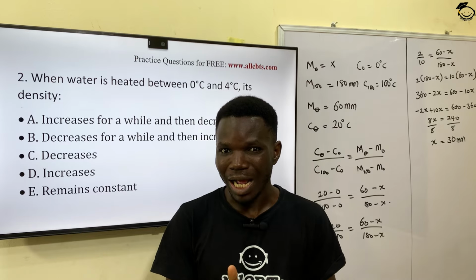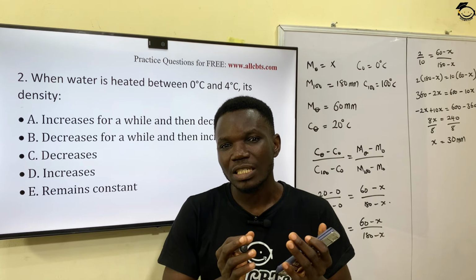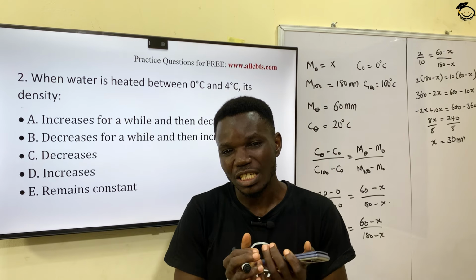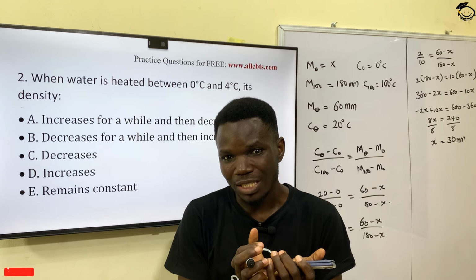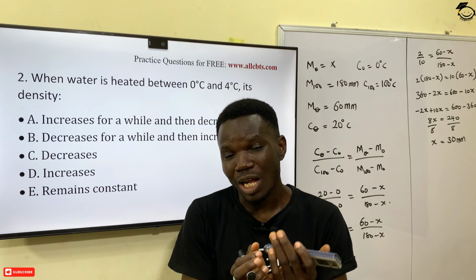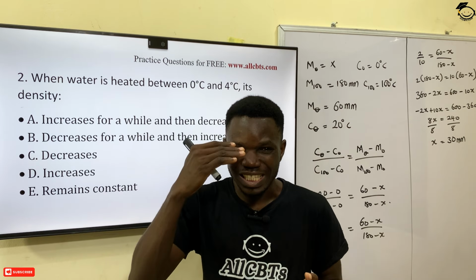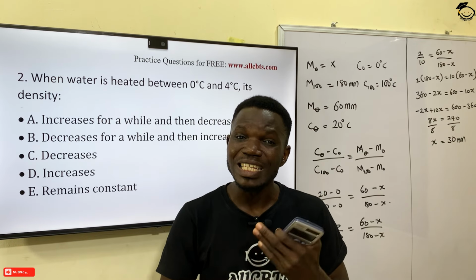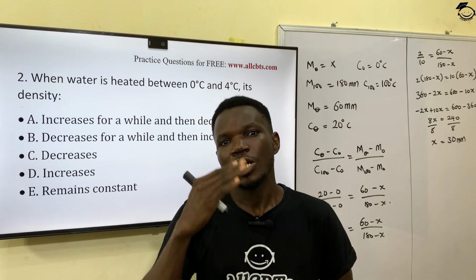Instead, it contracts. So at 4 degrees Celsius, it has the highest amount of density. It is more dense when it contracts. So it has the highest amount of contraction at 4 degrees Celsius, which means it is denser at 4 degrees Celsius. So between 0 and 4 degrees Celsius, the density of water normally increases.